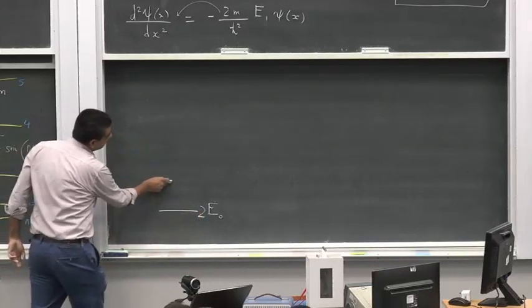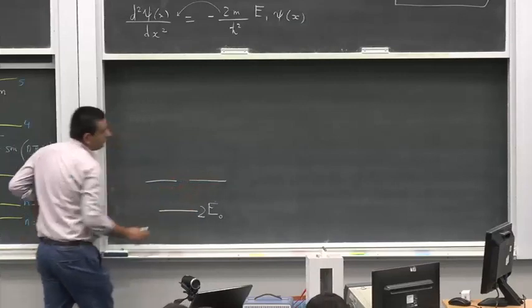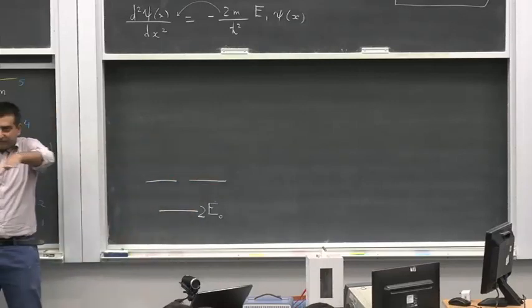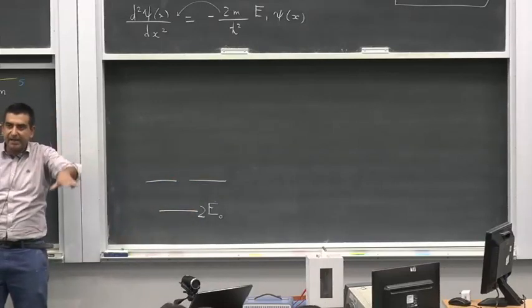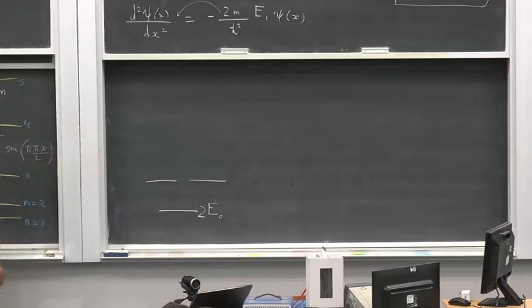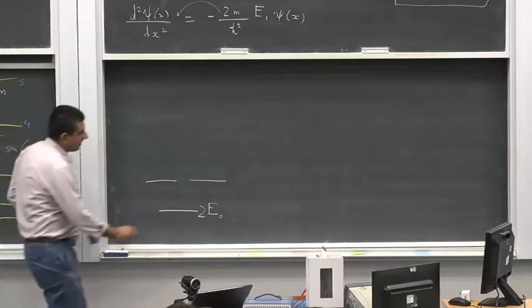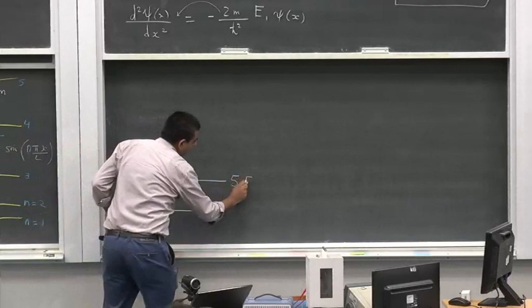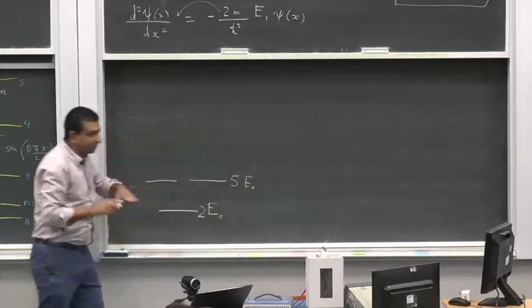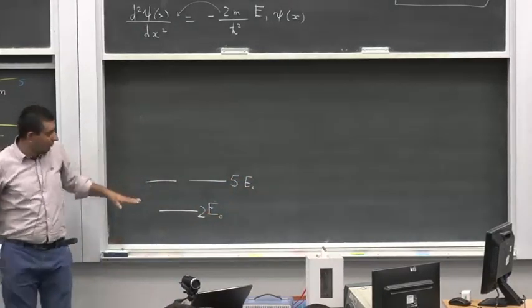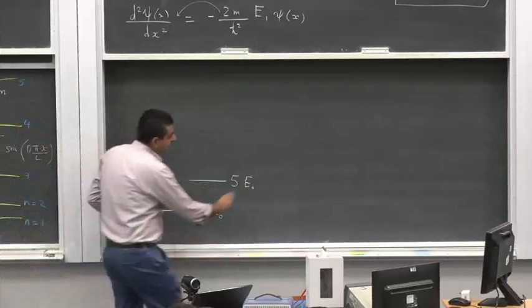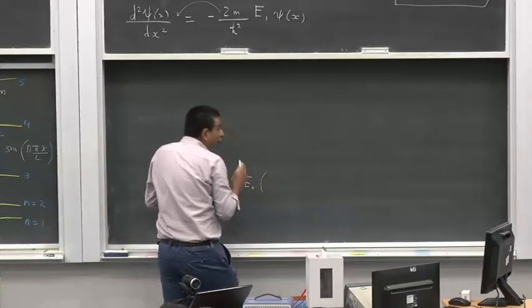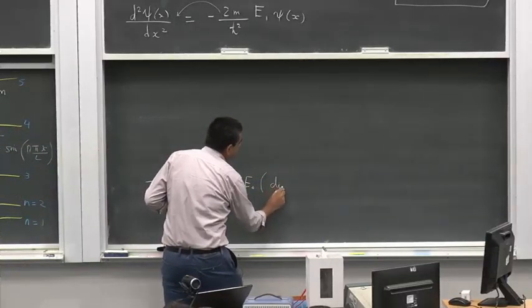Then I have 2 energy levels. Both of these energy levels are at the same level. They have the same energy. That energy is 5 E naught. So now I have 2 wave functions with the same energy. So this energy has twofold degeneracy, or is doubly degenerate.